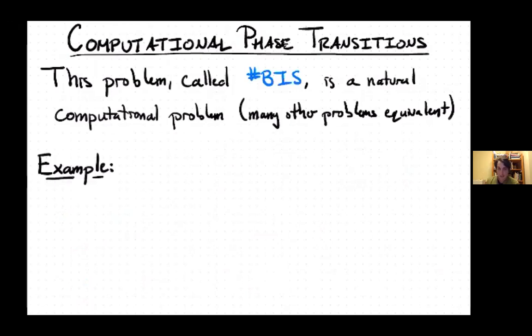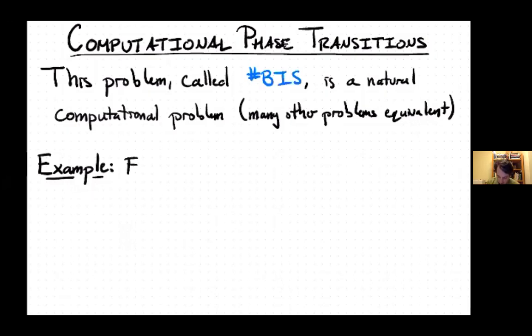In fact, this is a very natural problem. It's usually referred to as #BIS, or number BIS, meaning that there are many other problems that show up, for example computing the partition function of the Widom-Rowlinson model. There's a whole host of problems where, if you could solve #BIS, you could solve those problems. So it defines its own complexity class. And here's an example of a problem that falls into that class that I think is quite interesting.